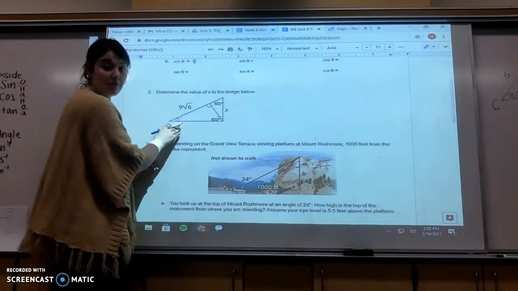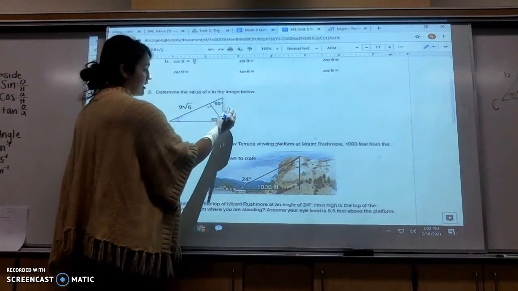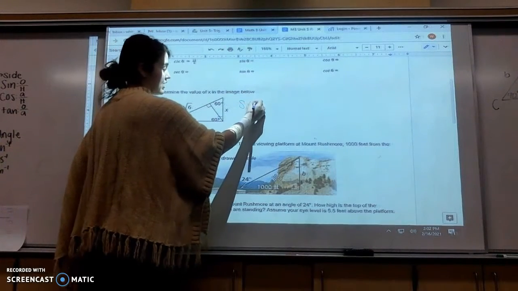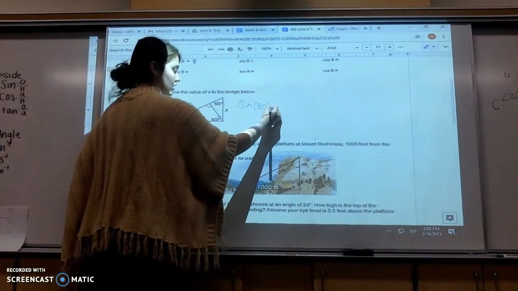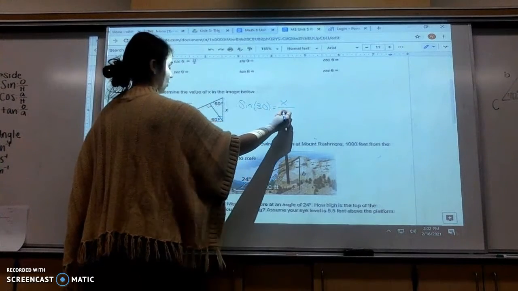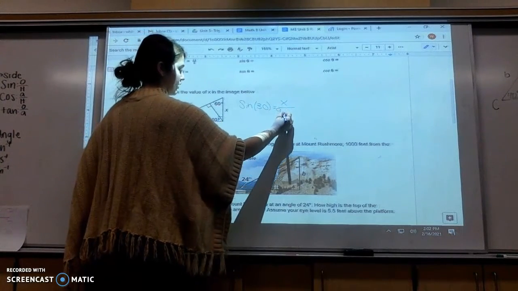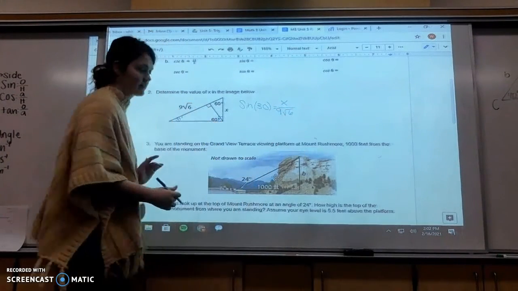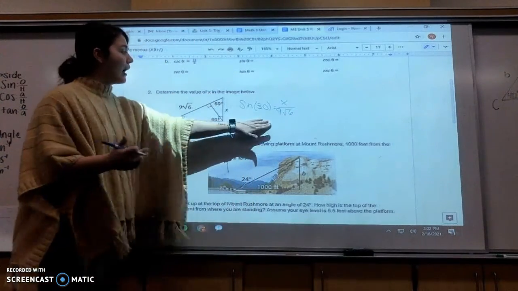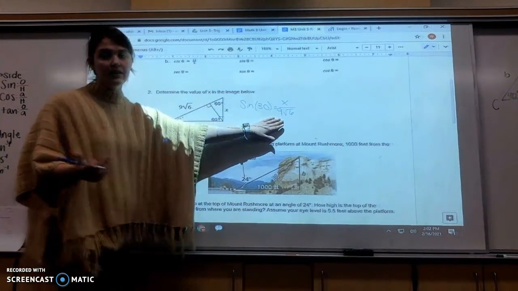In relationship to my angle, I have opposite and hypotenuse, so I get sine of 30 is equal to my opposite x over 9 root 6. Could have made that a lot nicer number, I apologize. How do I get rid of this off the bottom?